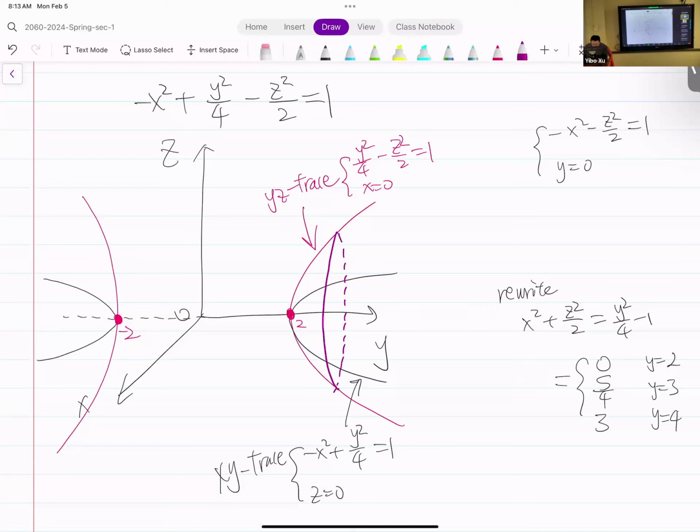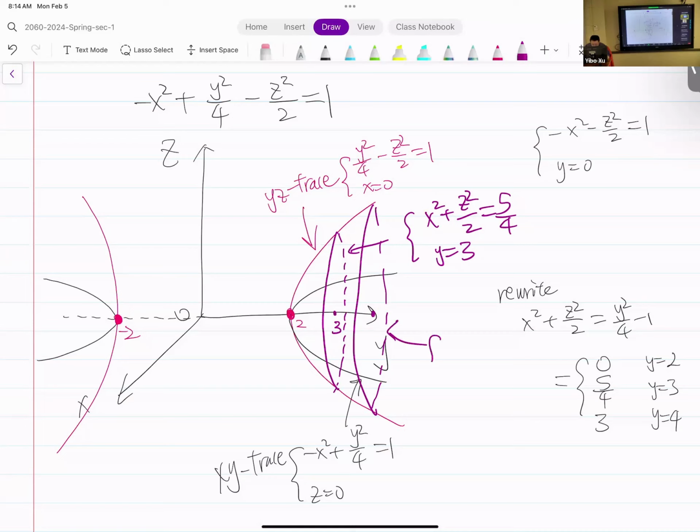So that's our trace where y equals 3, and here we have x squared plus z squared over 2 equals 5 over 4, right? And it could get larger. So this is where we have 3, and when y is 4, it's somewhere like here. So it's an even larger ellipse.